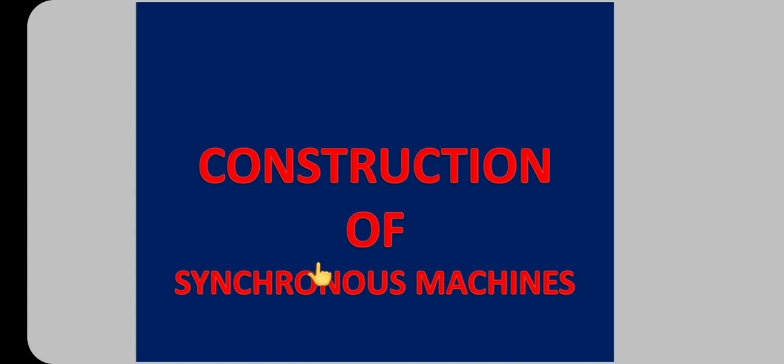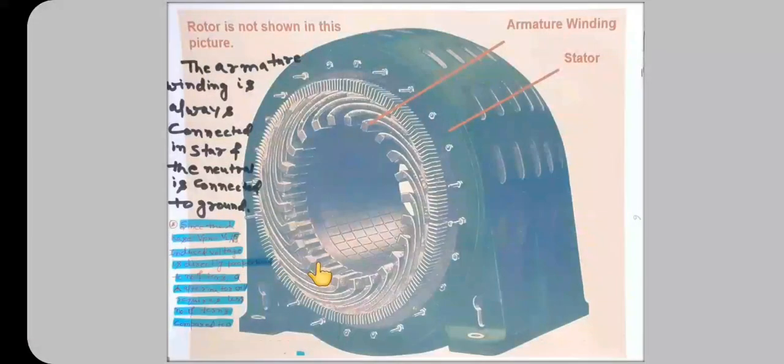Now, let us discuss the construction of the stator. This figure shows a stator of an alternator. The rotor is not shown in this picture. Here we can see a stator frame and the slots for stator windings.